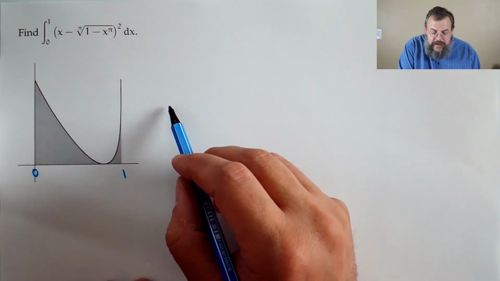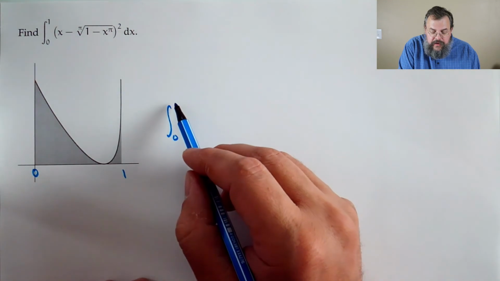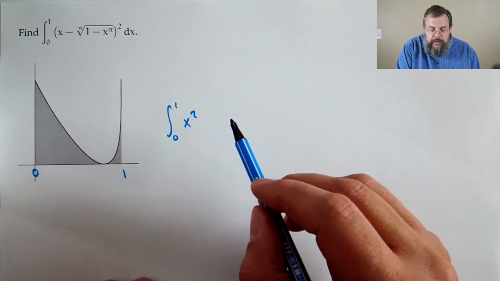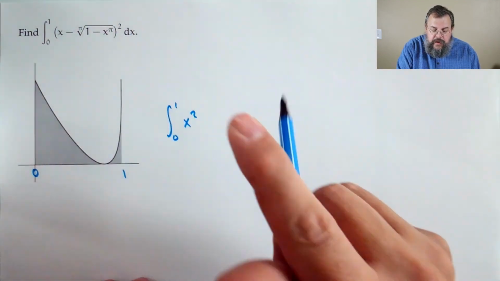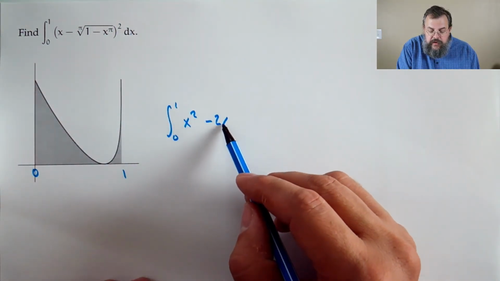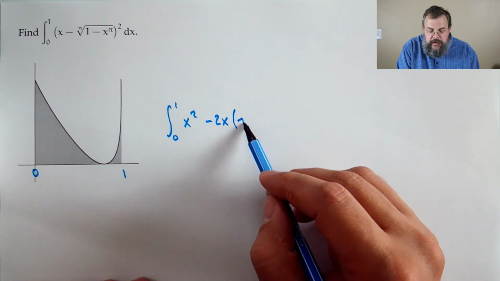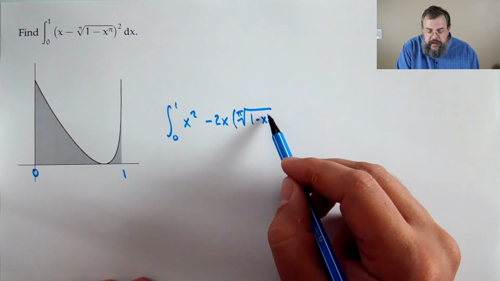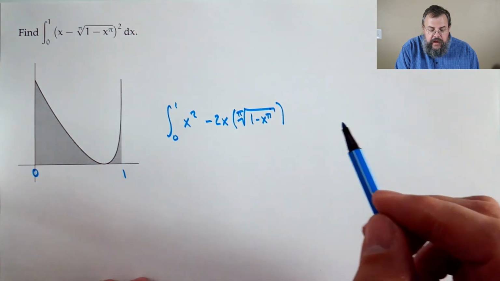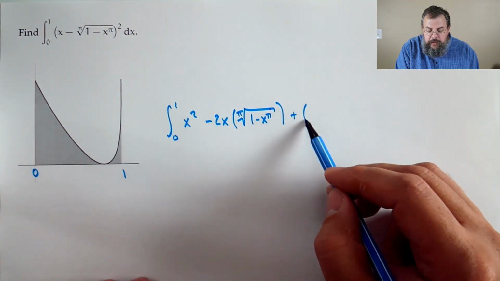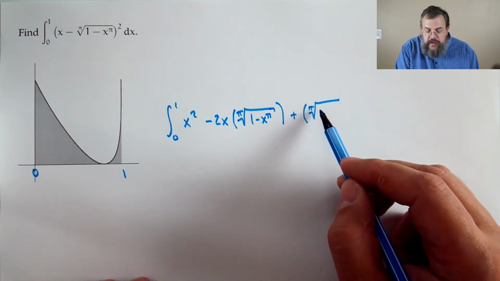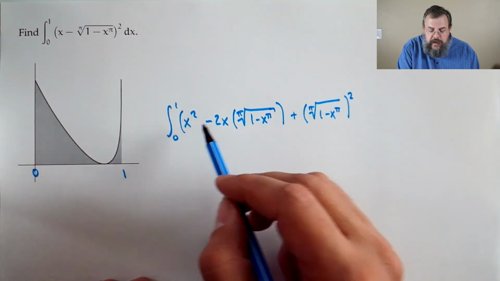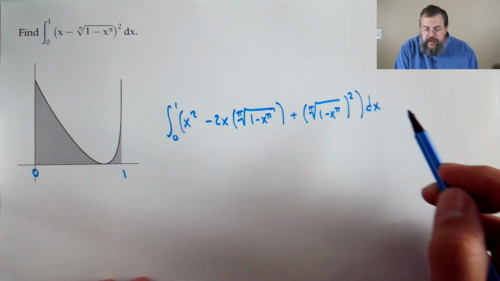So we have the integral 0 to 1, and we have x squared, then the cross terms, minus 2x times this strange looking thing, the pith root of 1 minus x to the pi, and then plus, we take the pith root of 1 minus x to the pi, quantity squared, and we're going to do that dx.